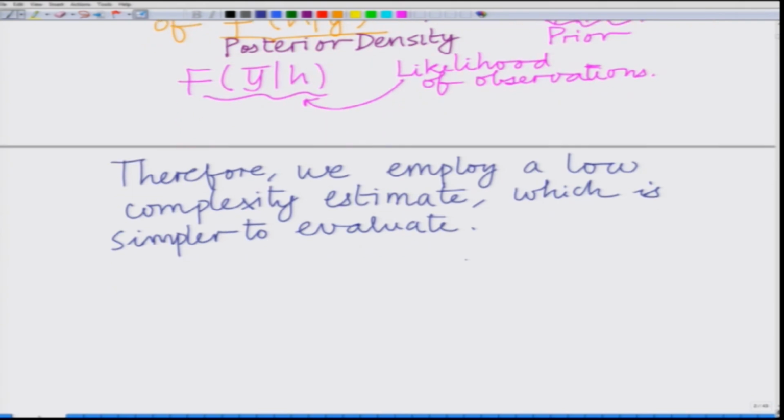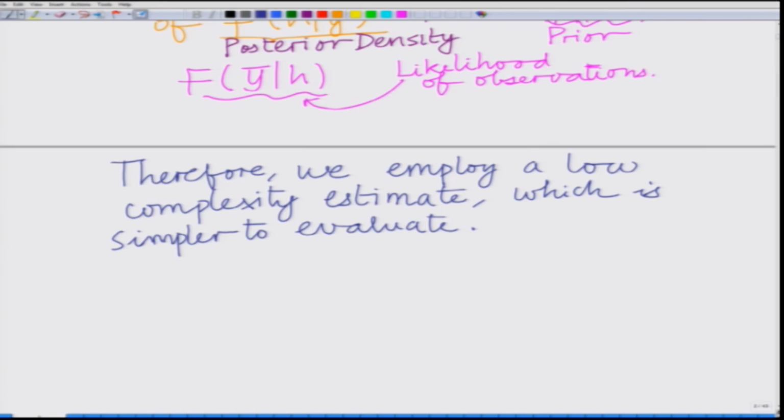However, because it is not the optimal MMSE estimate, it results in a slight loss of performance, or yields an estimate of slightly lower accuracy, but we are accepting that because it is slightly simpler to evaluate.